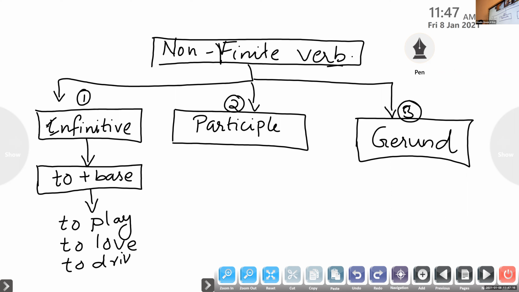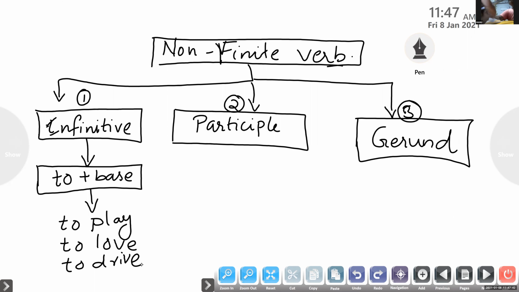Please collect more examples starting with "to." Remember, "to" plus base forms are known as to-infinitives. If you see this to plus base form in a sentence, easily identify it as a non-finite verb because it does not show a tense form. Clear? Am I clear? Yes, ma'am.